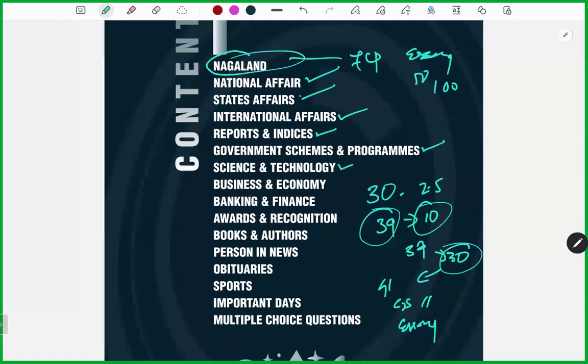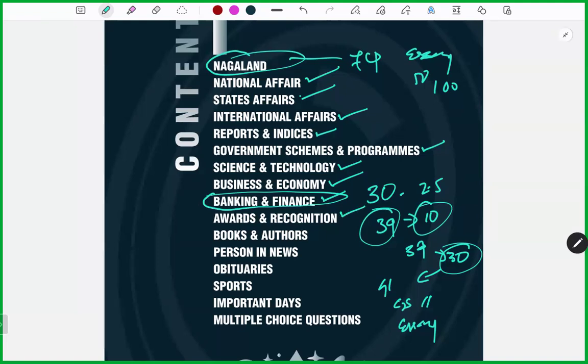Science and technology, one or two will come. Business and economy, like we have studied some apps, can come. Banking and finance is not much, except important appointments like the RBI or the SBI managing director. Our magazine also does not give too much weight to banking and finance.